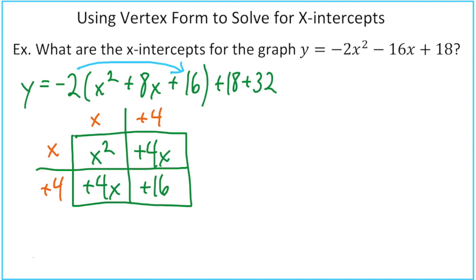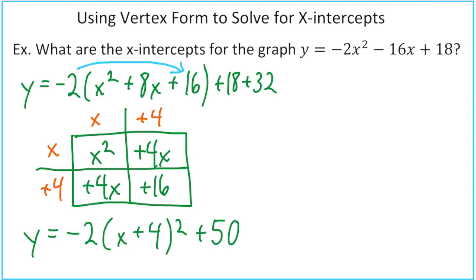From this point, we can simplify and get our vertex form. So we got y equals negative 2 times x plus 4 squared plus 50. Now we're ready to solve for our x-intercepts. Remember, if you want to find the x-intercepts, you just let y equal 0.